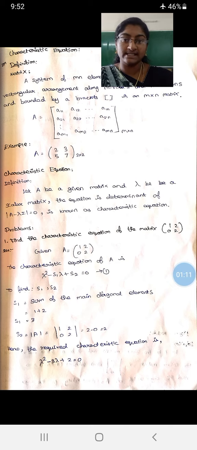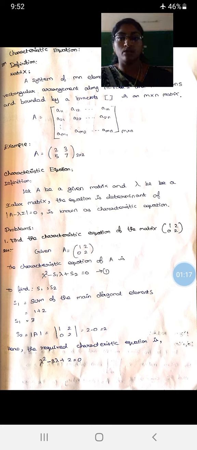So a matrix is denoted in the form of A as A11, A12, up to A1n. Here A11 denotes first row, first column, and A12 means first row, second column, and so on, up to Am1, Am2, up to Amn. See the example given here: A equal to 2, 3, 5, 7, which is a 2 by 2 matrix.